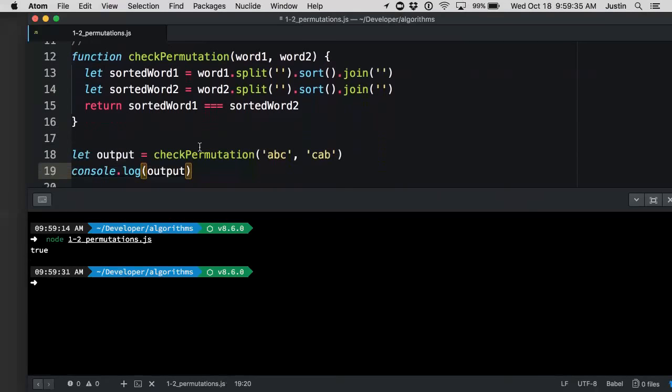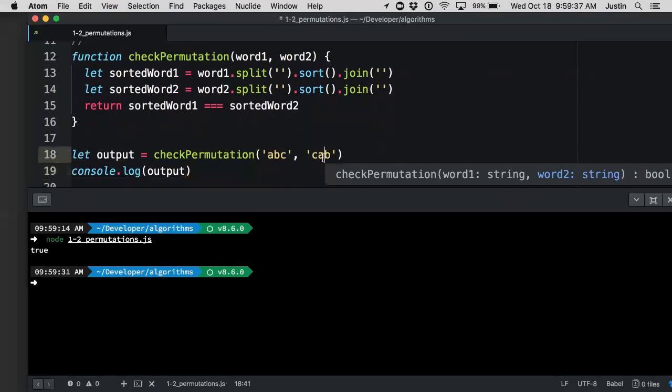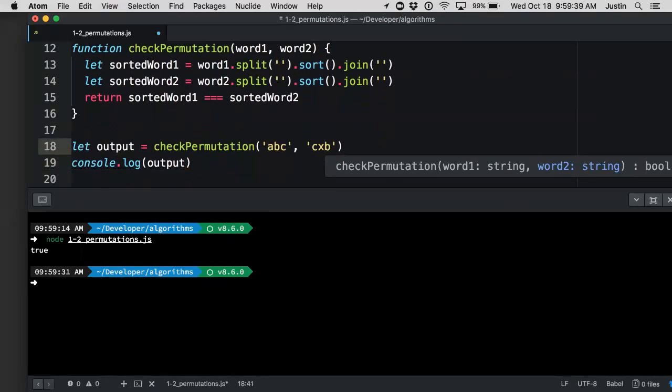Let's try if we say something different. That's false. Cool. Okay.